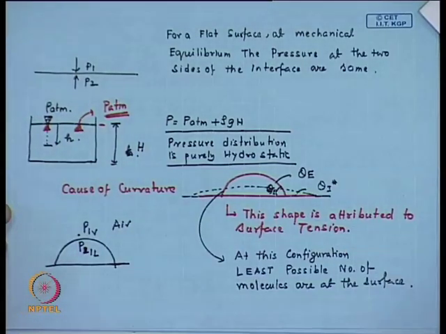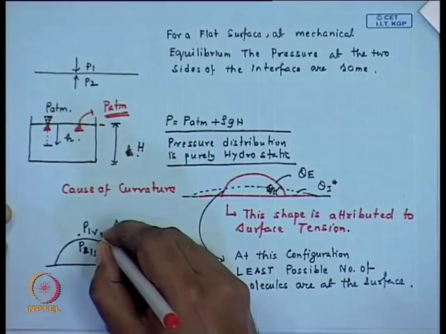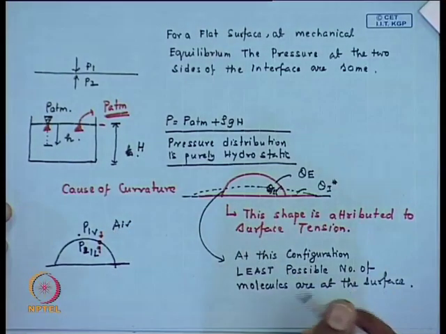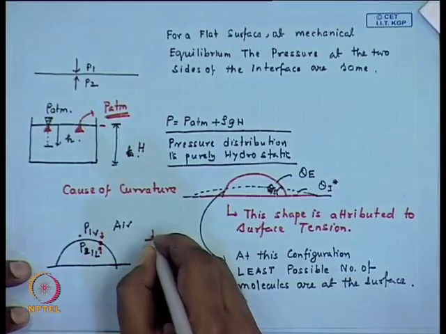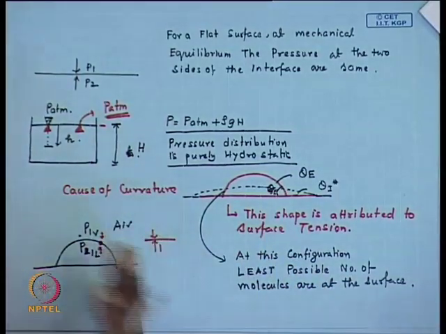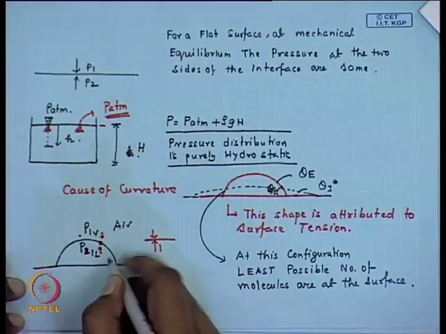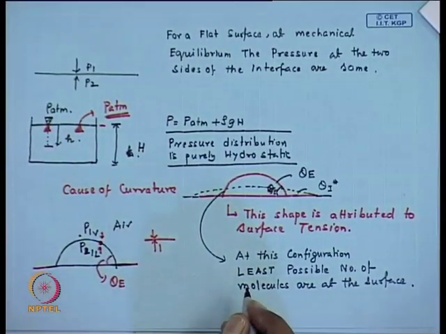So, at this particular point, whether the pressure inside and the pressure outside are the same. Had it been a flat surface, of course, we have seen that these two pressures would have been equal. So, this is a drop which is in a thermodynamic equilibrium once it has attained its equilibrium contact angle value.